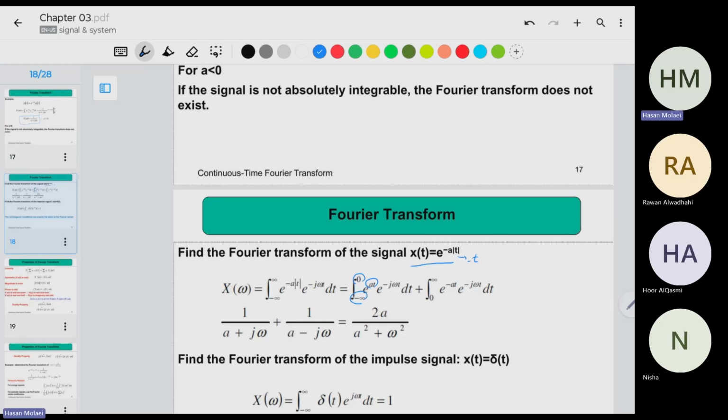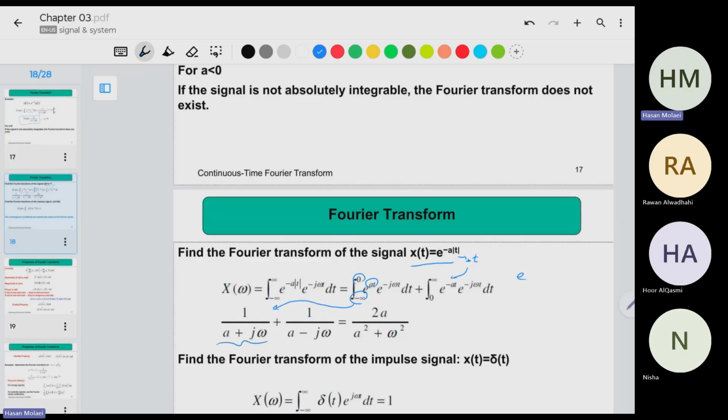From 0 to infinity, t comes out with a positive sign, so it should be e to the power of minus (a plus j omega) t. Again, e to the power of alpha t, we know it should be the answer of the first part.